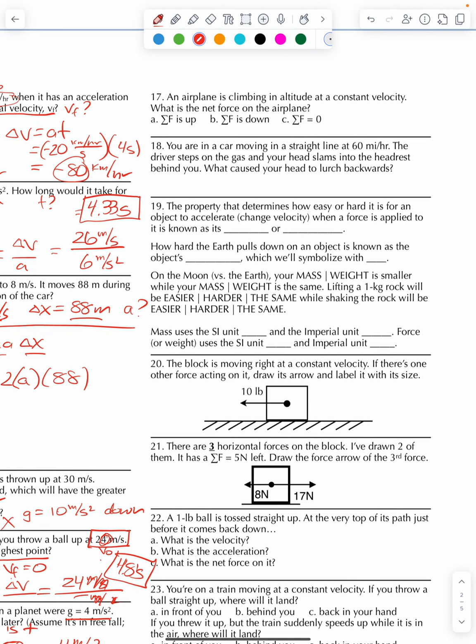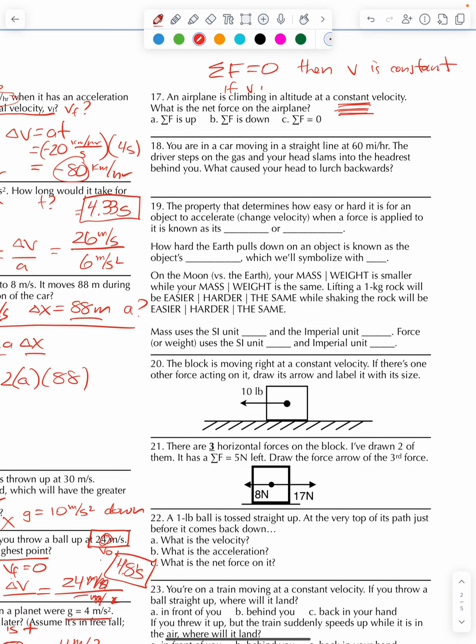An airplane is climbing in altitude at a constant velocity. What is the net force on the airplane? We learned that if the net force on an object equals 0, then velocity is constant, and the converse is true.